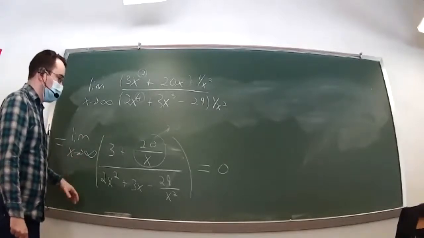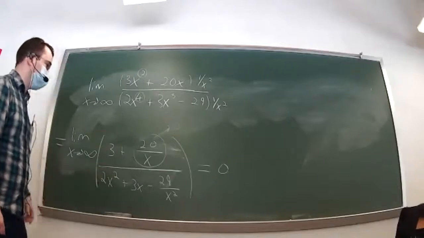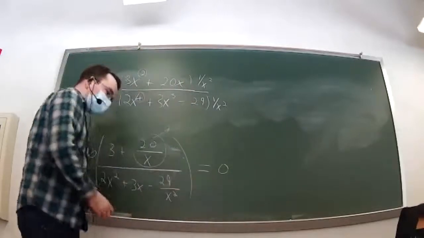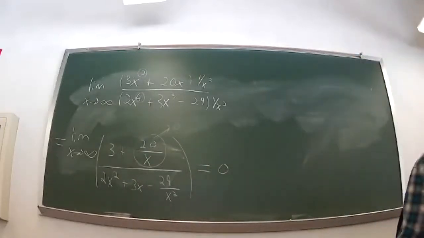Instead, what we say is we've got a constant over something tending towards infinity. That result tends towards 0, so the limit is actually equal to 0. I think the language around describing that is almost more difficult than the calculation itself.